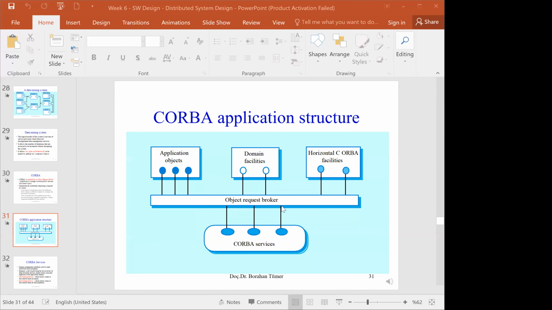The distributed system is composed of the object request broker, that is Corba, application objects, domain facilities, code or objects developed specifically for the domain in which the system runs, horizontal Corba facilities, which I will explain in a bit, and other Corba services.